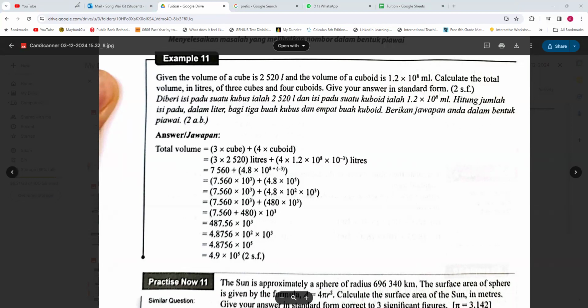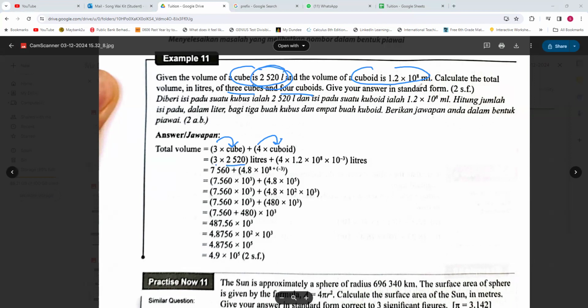So let's see what we do here first. Now you have the volume of 1 cube and the volume of 1 cuboid. Then you know you have 3 cubes, so they say 3 times cubes, 4 times cuboid. Now the cube is 3, and you've got the volume here, 2,520.